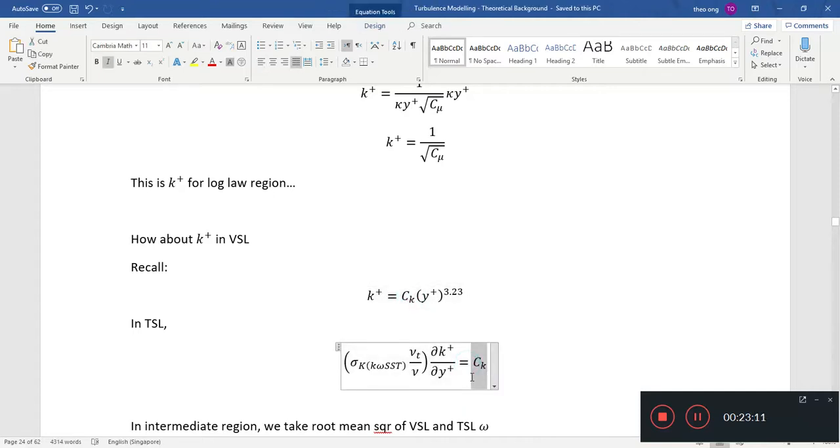So what is this Ck? Ck is the value of this at the boundary. So this Ck probably comes from one of the boundary conditions.